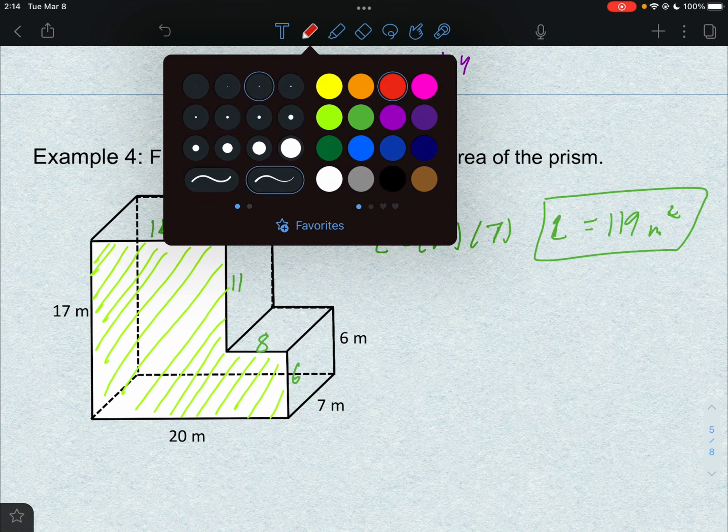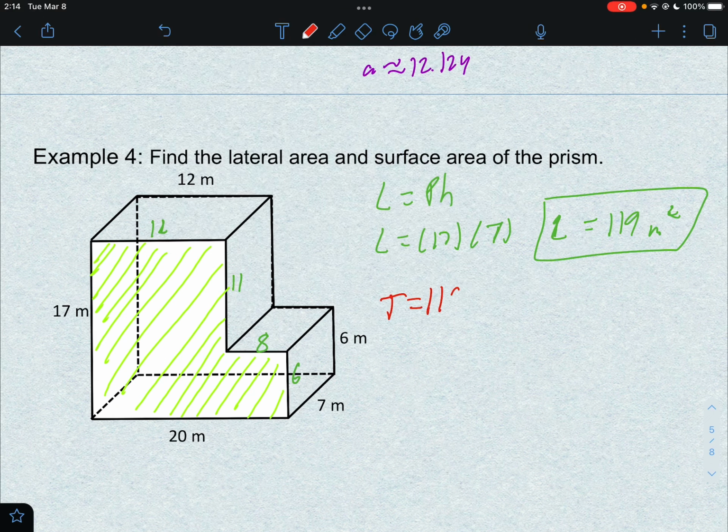For our total, we're going to take that 119 and we're going to add in 2 times the area of the base. Now the area of the base is going to be a composite figure, which we can break off right here. This could be A1, this could be A2. So A1 is just 17 times 12, which is 204, and I just realized I hit the wrong number over here.